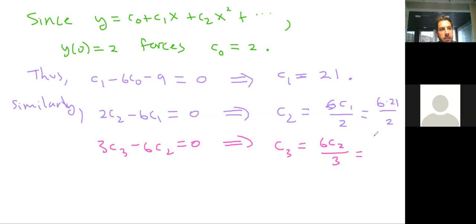If I replace c sub 2 with what it's equal to in terms of c sub 1, this becomes 6 times 6c sub 1 over 2, all over 3. How can I write this? Let's write it as 6 times 6 times c1 over 3 times 2. So let me clean this up.